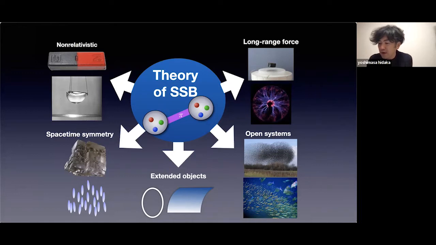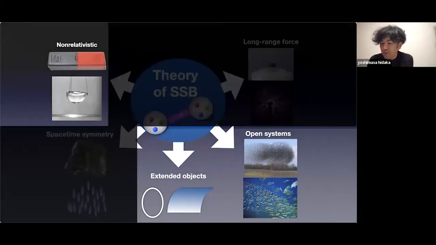I don't have enough time, so I cannot cover all of them. In this talk, I want to focus on just three systems: non-relativistic systems, systems with extended objects, and open systems.